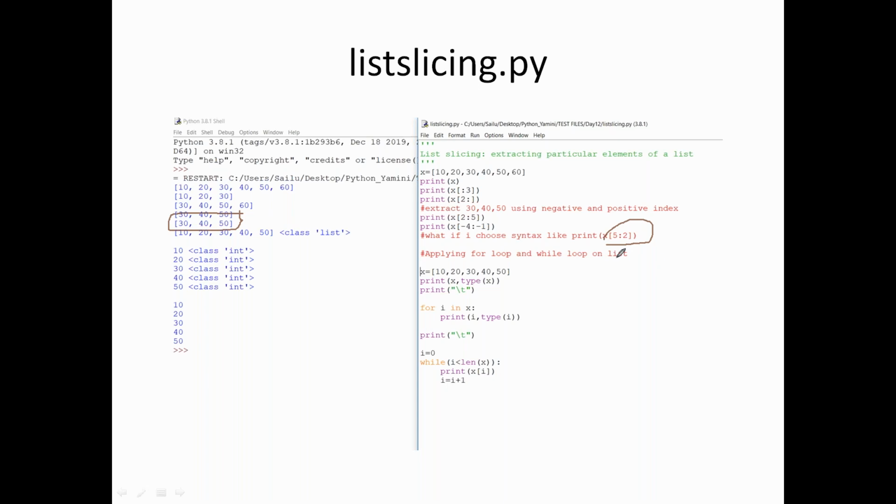It's up to you, but x[5:2], or something like this, -1 to -4, won't display anything. Because it's an empty list. Similarly, this one will also not work. The reason is that we are expecting ascending order, lower value to higher value, on both sides.